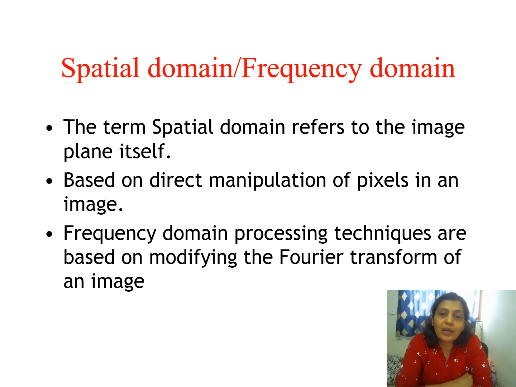So based on direct manipulation of the pixel, we are going to apply some enhancement techniques. In frequency domain processing, techniques are based on modifying the Fourier transform of an image. That we'll see later on after completing the spatial domain enhancement techniques.